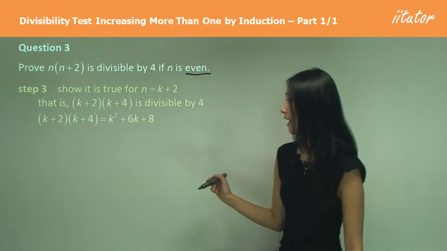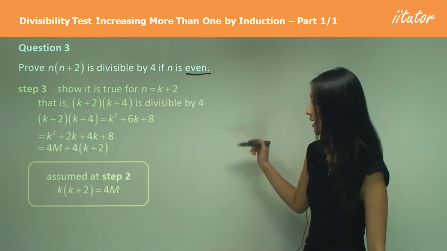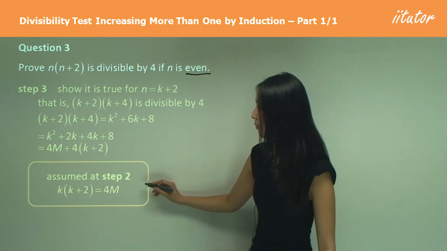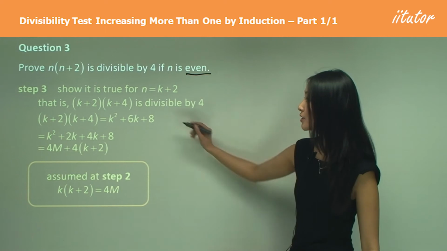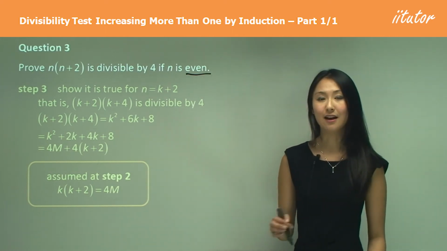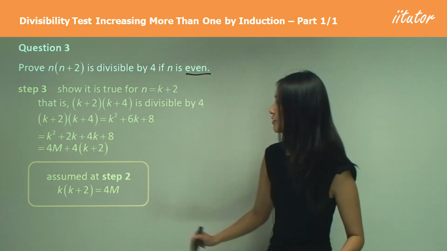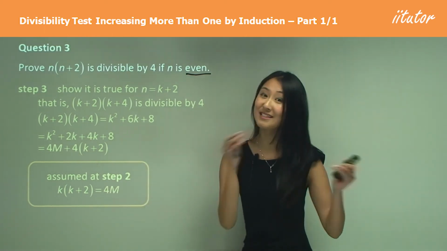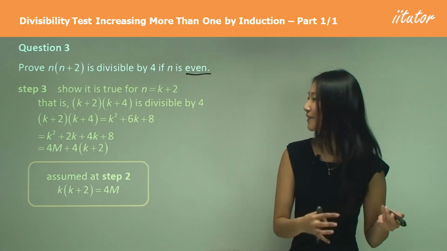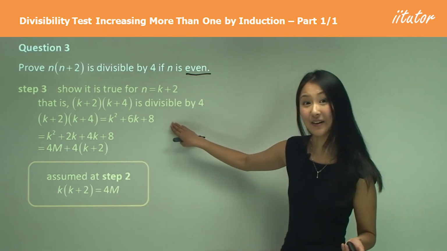Now, I want us to look back at the assumption first, and that was that k times k plus 2 equals 4m. From here, you want to think to yourself, how am I going to manipulate it so I can get k times k plus 2? Because we always know we need to use the assumption. So we want to try to find this in here.